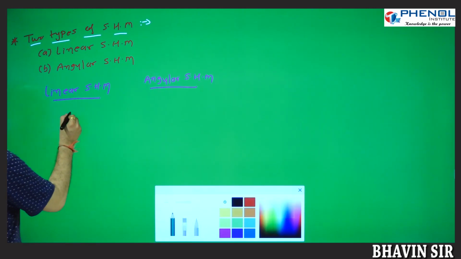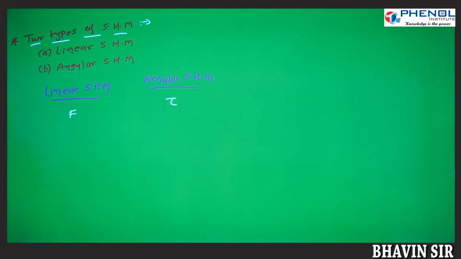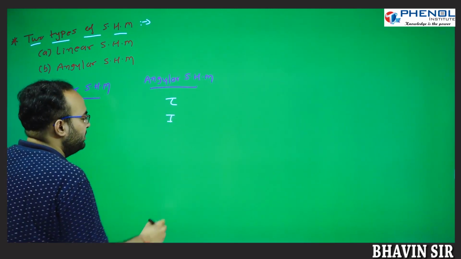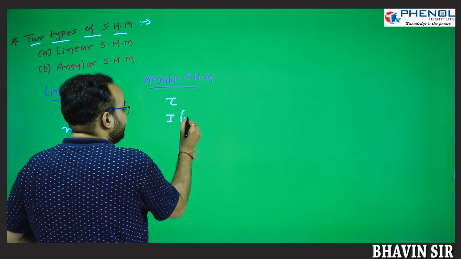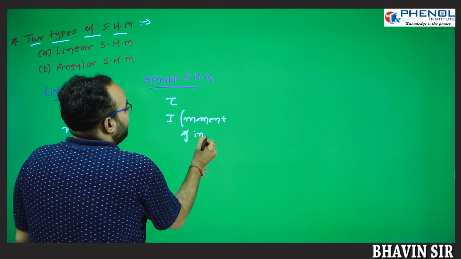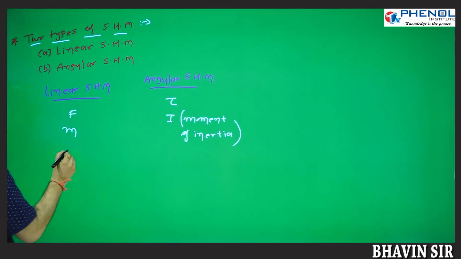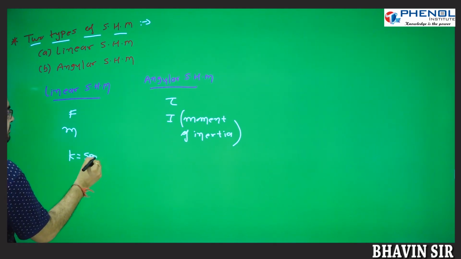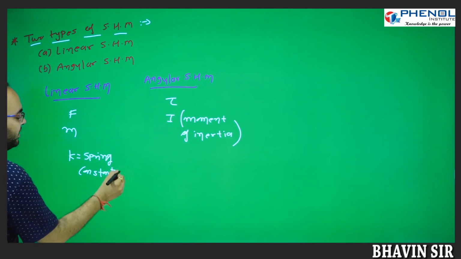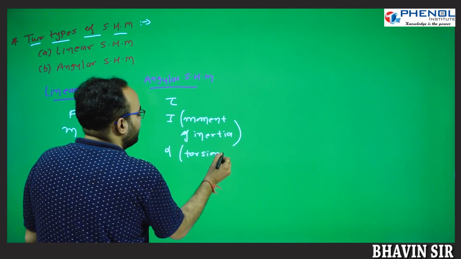In linear SHM, force is there. In angular SHM, torque is there. Here mass, then here I is moment of inertia. Then here k is spring constant. Then here alpha is known as torsional spring constant.